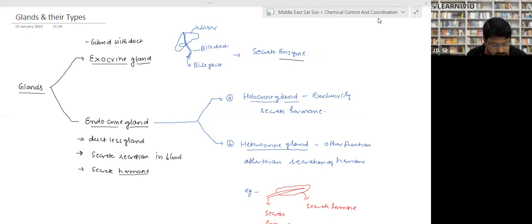Their secretion is carried through duct to a particular organ for some metabolic activity. Example, salivary gland.